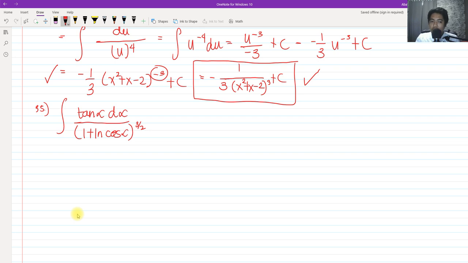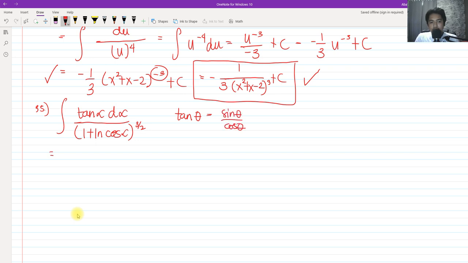Again, in these cases wherein we have a trigonometric function, we always have to consider if there is a trigonometric identity involved. But upon looking at this, it is simply a u substitution. In order for us to clearly see this, we can convert tangent, which is equivalent to sine over cosine.